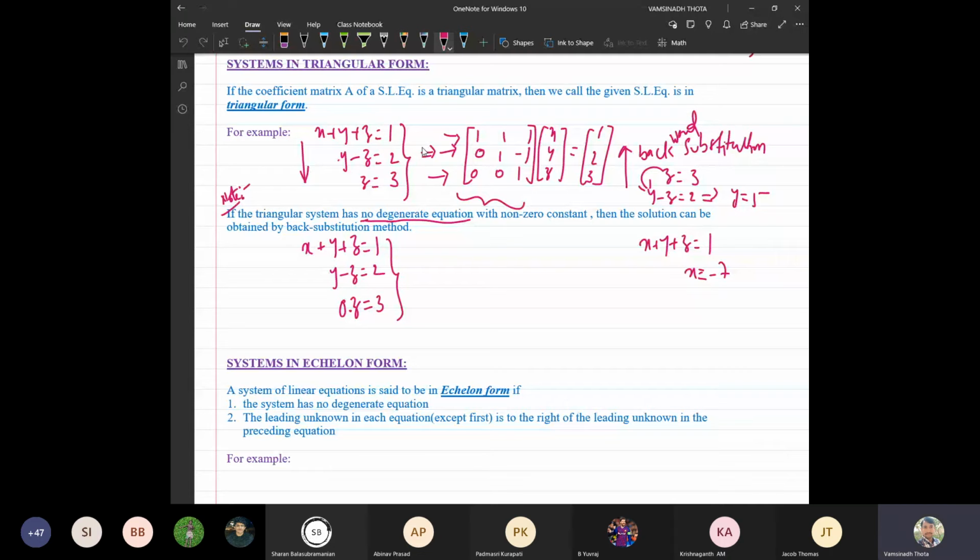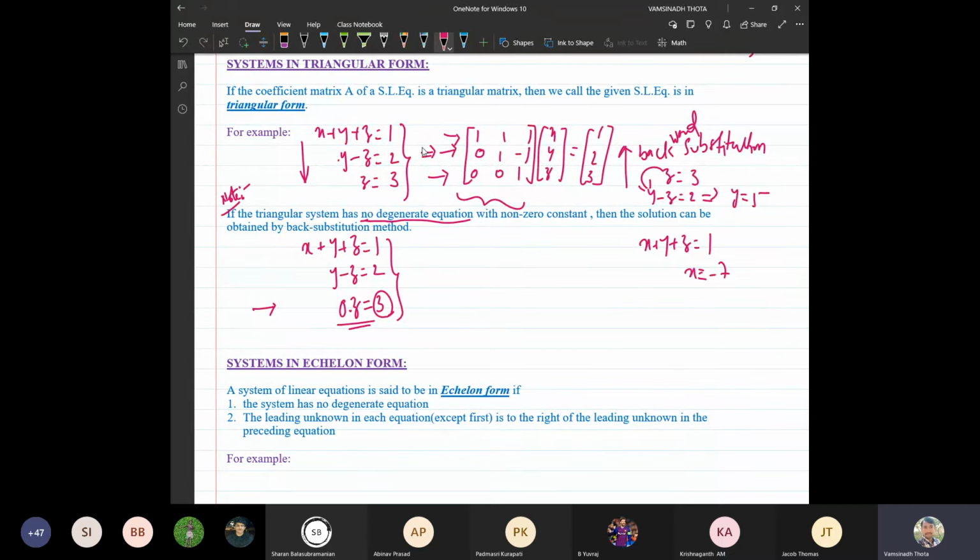For example, if you look at here, the third equation is a degenerate equation. Coefficients of all the unknowns are 0. And if you look at the constant, that is a non-zero constant.